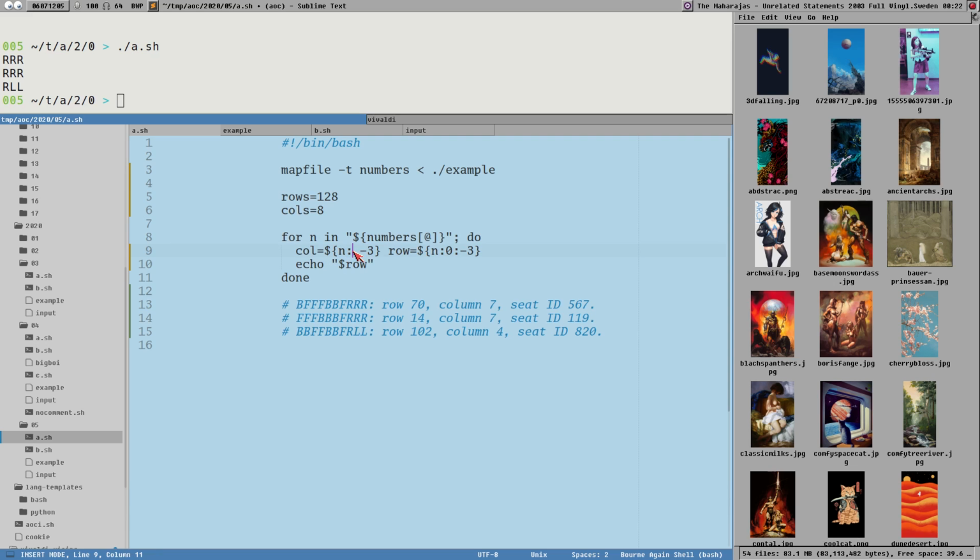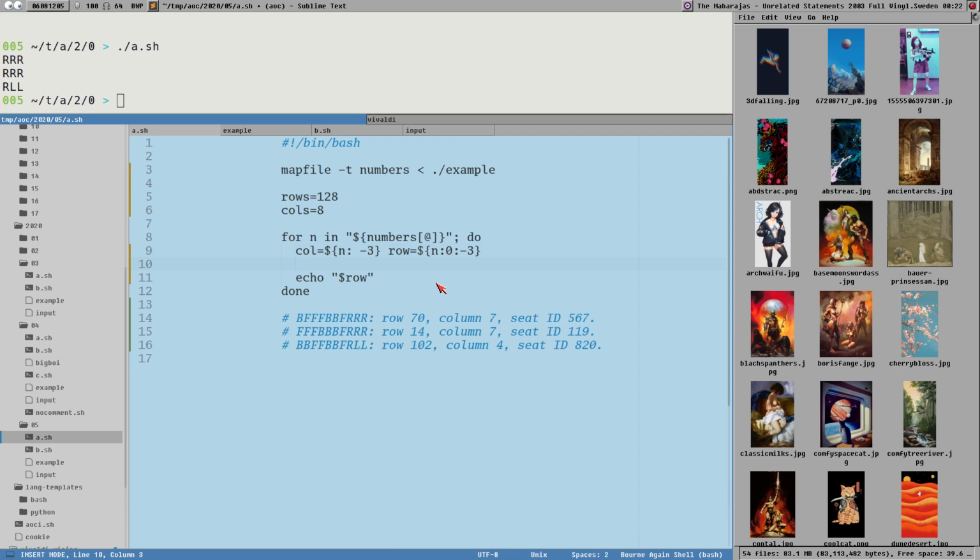So this is a weird syntax thing you have to do here if you want to do a substring starting from a negative position. You don't have to do it for the second one, but for the first one you have to put a space before the dash, the negative indicator here. It's kind of weird, but it's not that often you do this, and whatever.